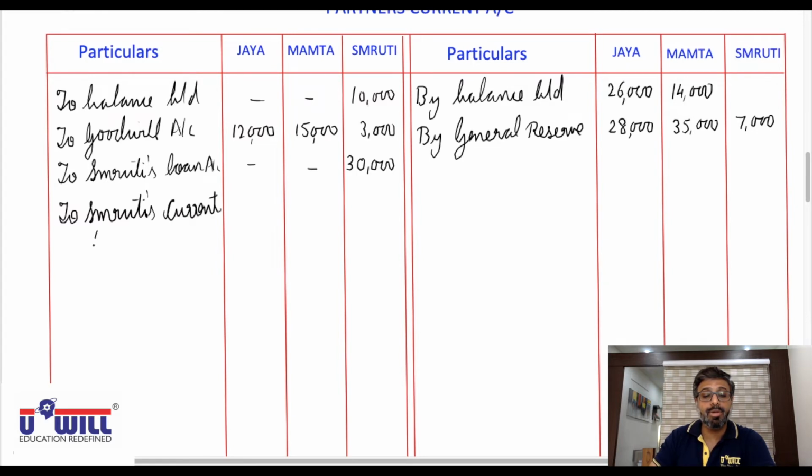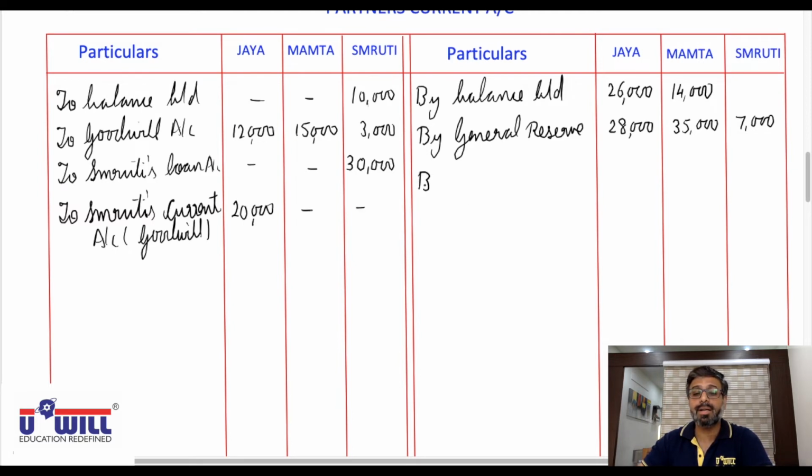In bracket, goodwill. In Jaya's column 20,000. And to Smriti's current account, so in partners' current account credit side, opposite account by Jaya's current account, in bracket goodwill.